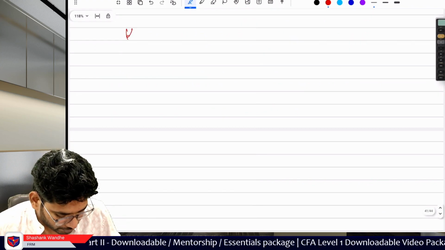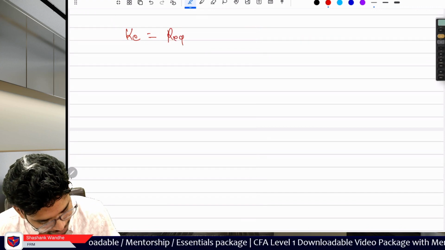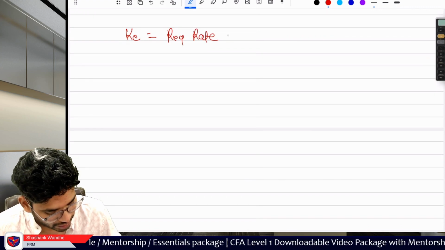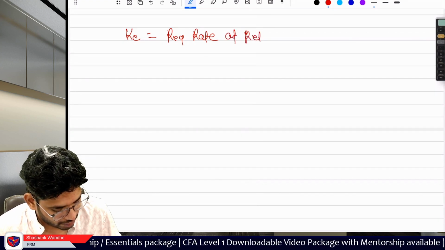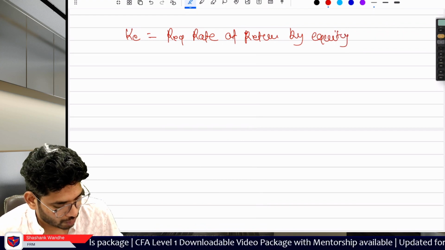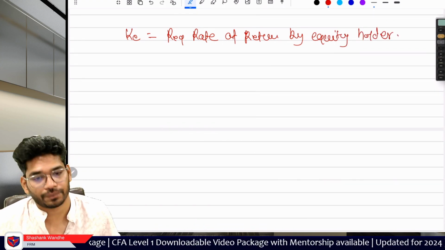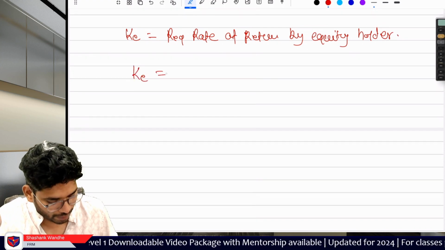Now the question, how to calculate this KE? KE is known as the required rate of return by the investor, the equity holder. Now, how to calculate this required rate of return? So the formula is very simple.